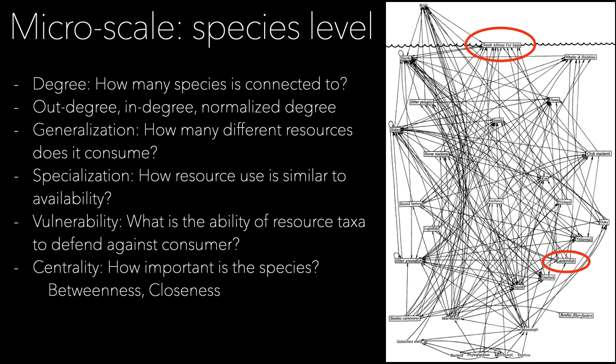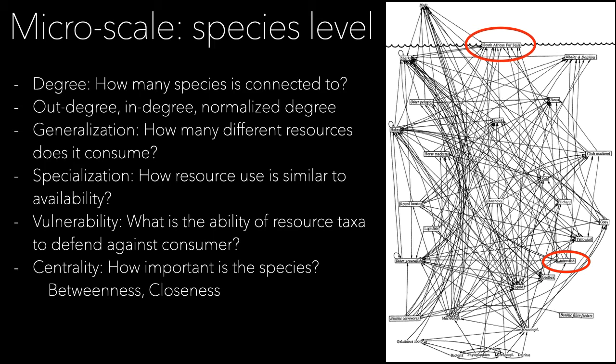Finally, we can focus on a very important property for species, which is the centrality. And this is indeed indicating how important is a species, how central it is in the network. There are many ways of calculating centrality.